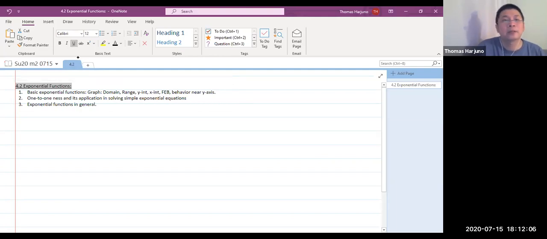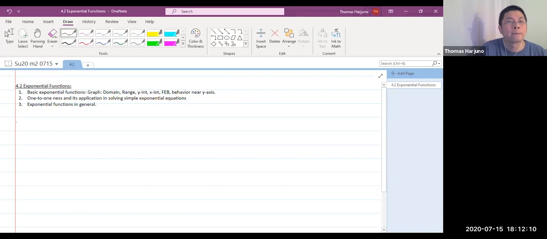Okay, let's start with the basic exponential function. The basic exponential function has the following pattern.